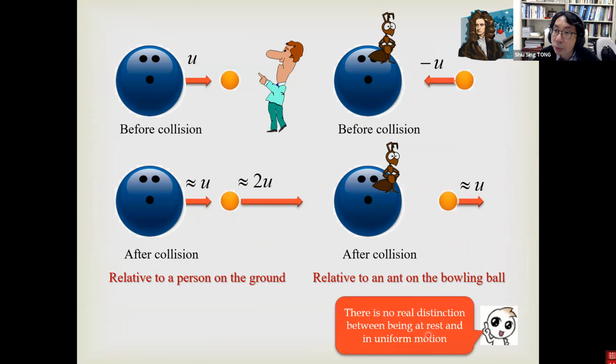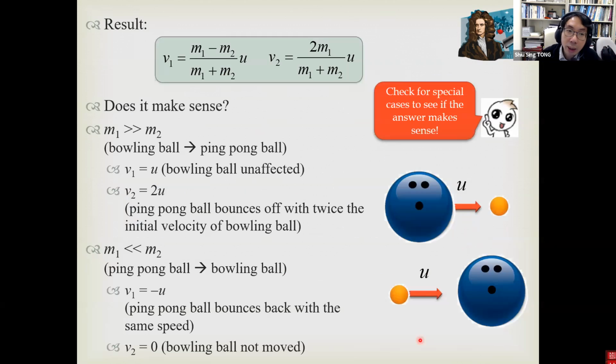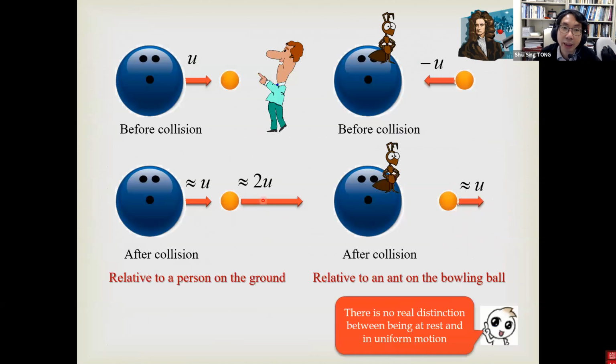Now let's go to the first case. Let's examine this case more. Why is it that in the first case, where we have the bowling ball moving initially, the ping pong ball bounces off at twice the initial velocity of the bowling ball? Okay, we examine this case.